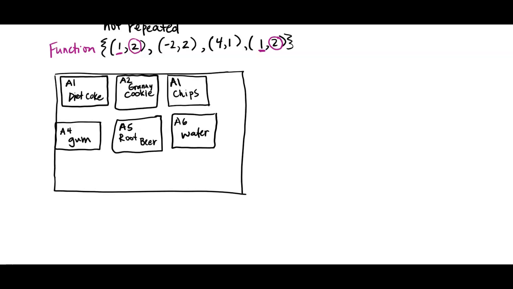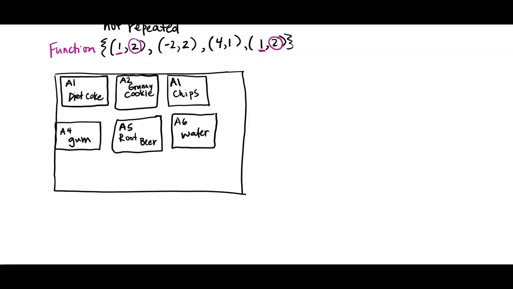Do you know which one you would get if that's the case? No. You don't. And I would be really bummed if I clicked on A1 and I didn't get my Diet Coke. Same. If chips came out, I'd be like, oh no. So when we're punching something into that vending machine, we want to know what we're getting out.